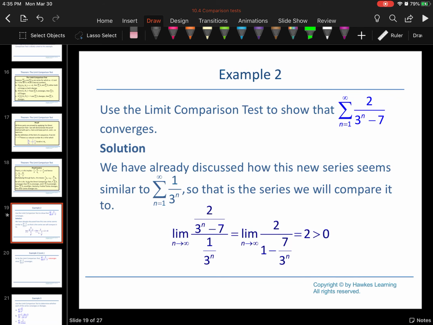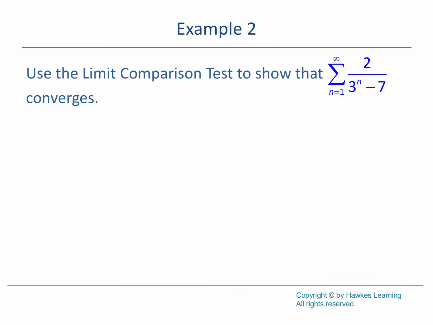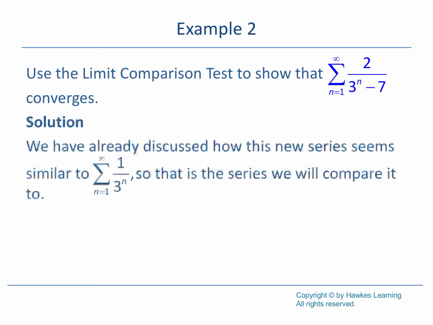Example time. Here we go. Sorry, guys. The limit comparison test can be used on this series. Again, it's very similar to the geometric series 1 over 3 to the n. And so what we do is set up a ratio between these terms.